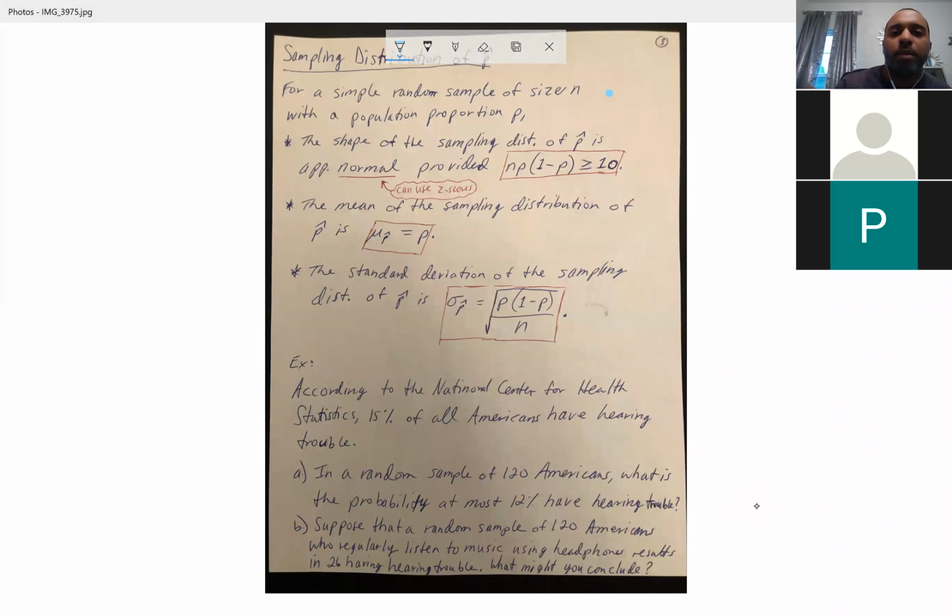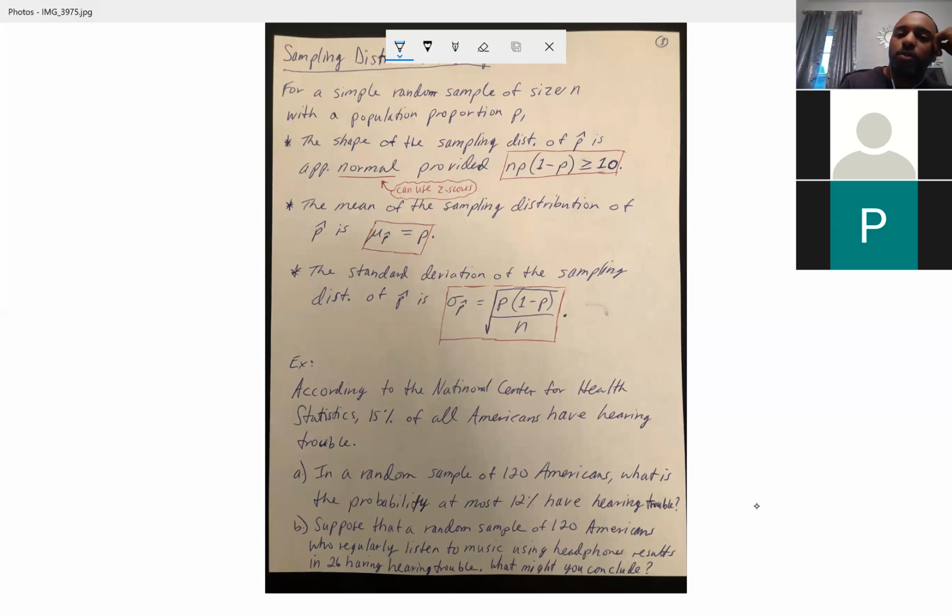All right. So here, sampling distribution of p hat. For a simple random sample of size n with population proportion p, the shape of the sampling distribution of p hat is approximately normal, provided that n times p times 1 minus p is greater than or equal to 10. Now remember, it is normal. If we have a normal distribution, that means we can use our z-scores. That's why I pointed that out.